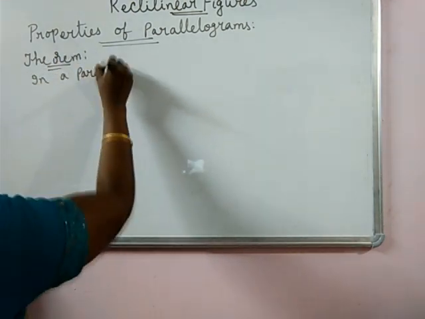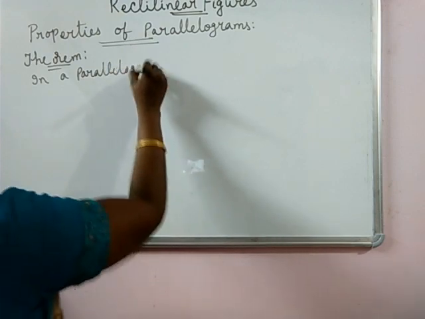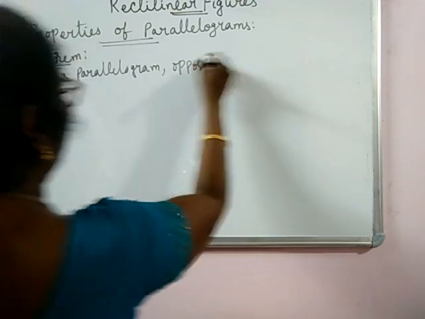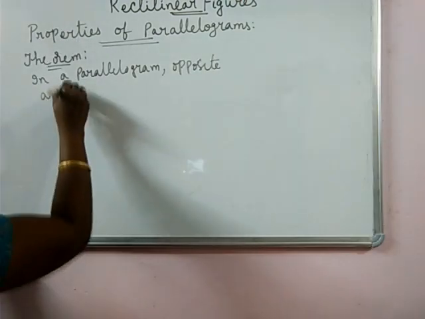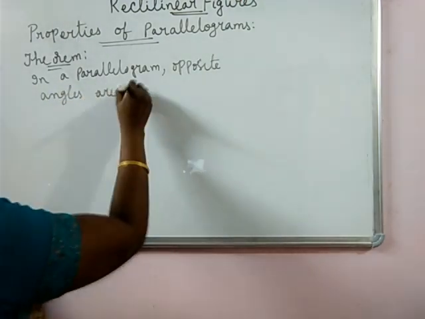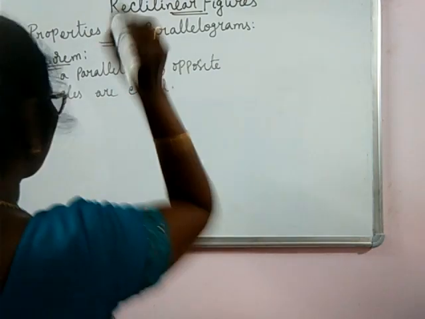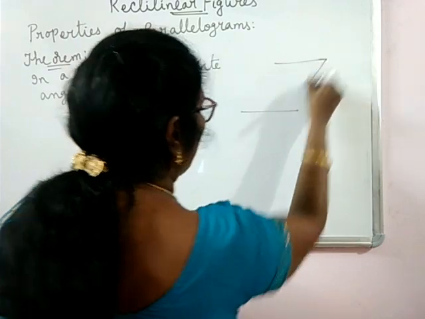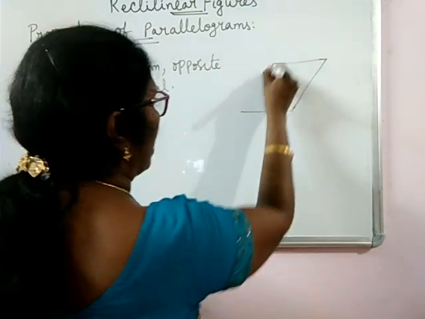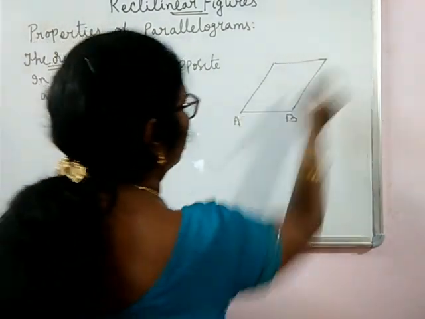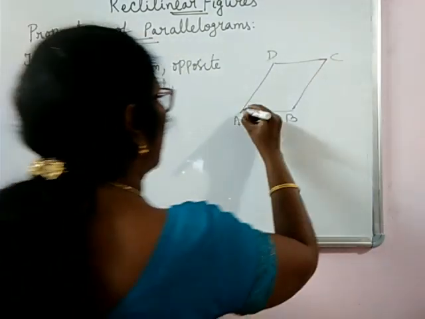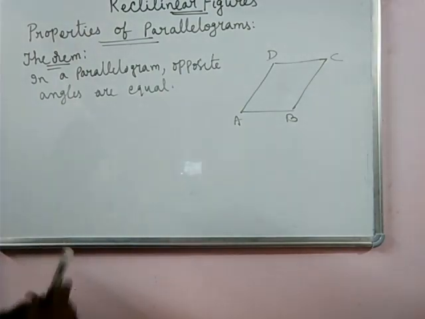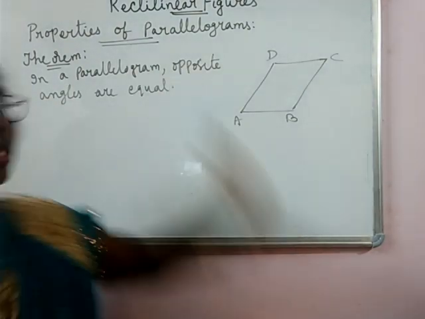In a parallelogram, opposite angles are equal. Let me draw. ABCD is a parallelogram. You have to show that opposite angles are equal.